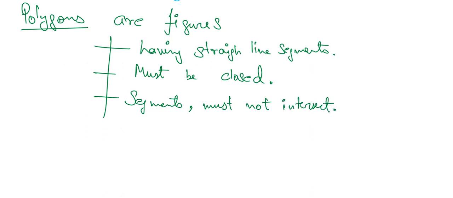So these are my three conditions for a mathematical figure of any number of sides to be called a polygon.